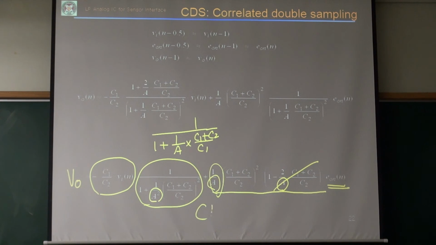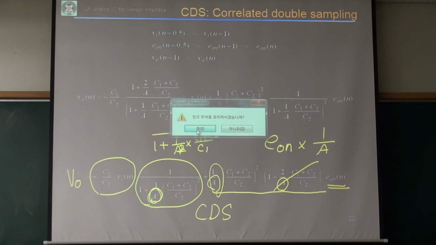So this CDS can suppress gain error by this 1 over A squared term, and also this offset is not completely disappeared, but reduced by 1 over A. Question? No? Yeah, this works pretty well.